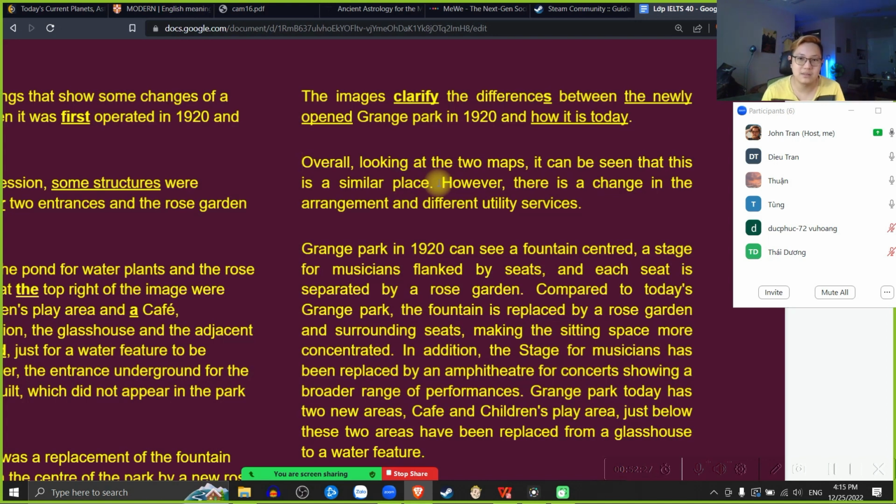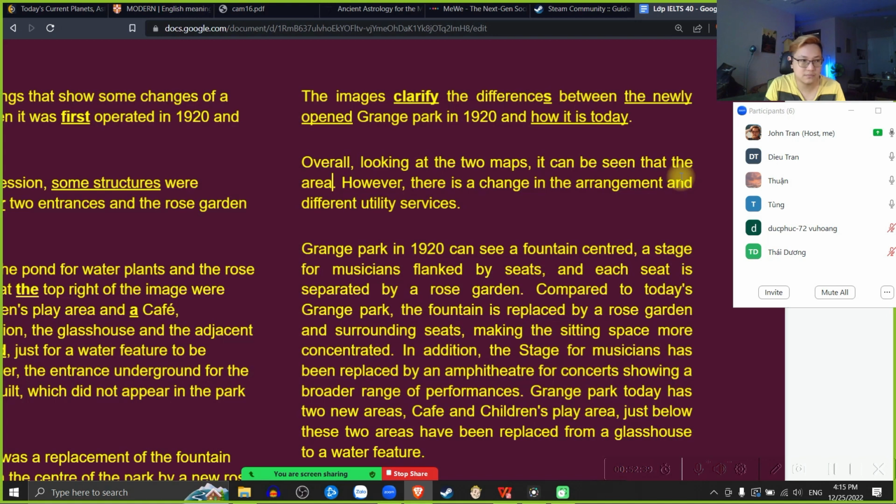It can be seen that diện tích đã không đổi. It can be seen that the area, the total area, cái tổng diện tích, the total area of the place remains unchanged.